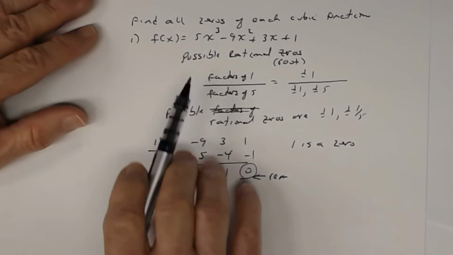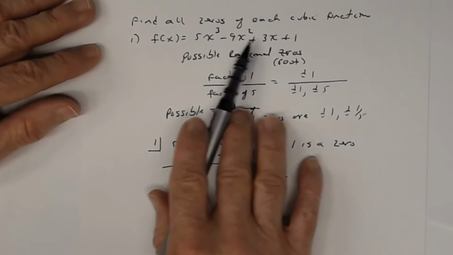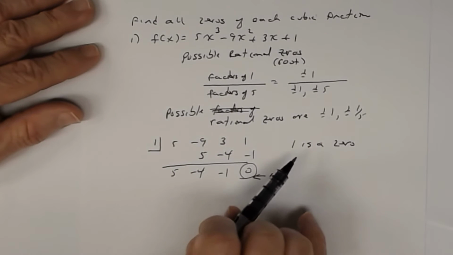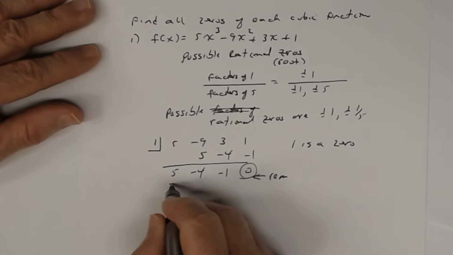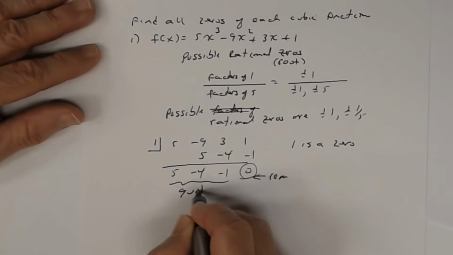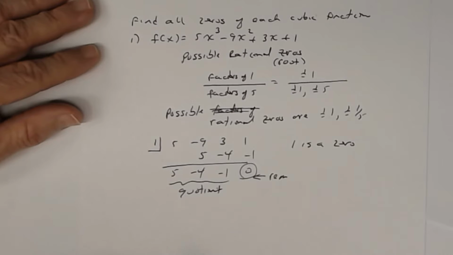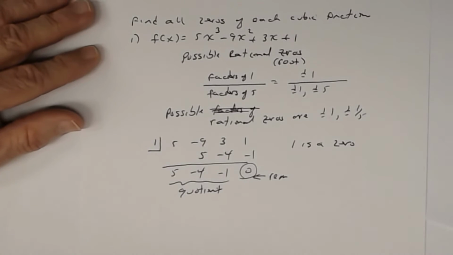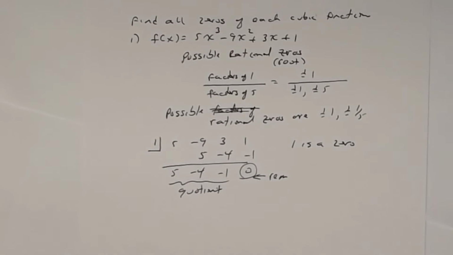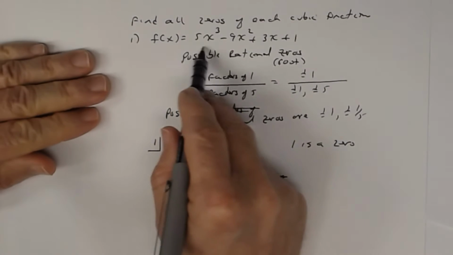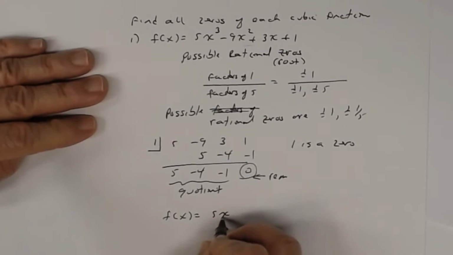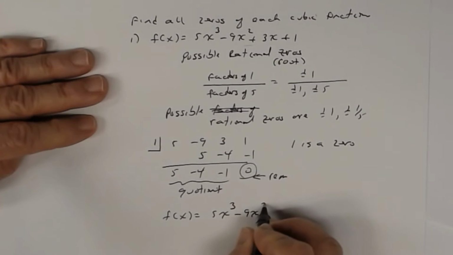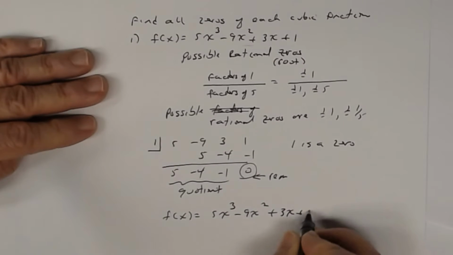So what we did next, remember, was we went ahead and we factored this using one of our zeros and the quotient. So remember, this is the quotient now. That's your quotient. The coefficients of the quotient. And so remember what we did. So let me go ahead and write out this first. So we have f of x is equal to 5x cubed minus 9x squared plus 3x plus 1.